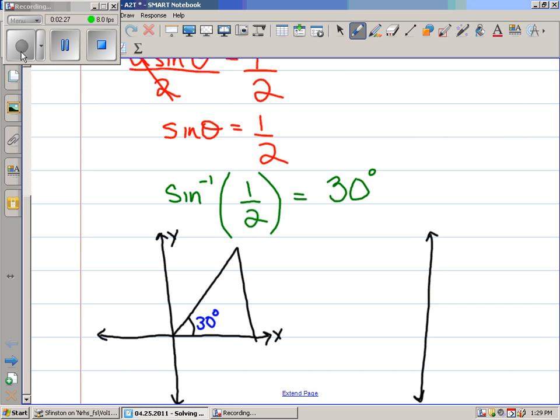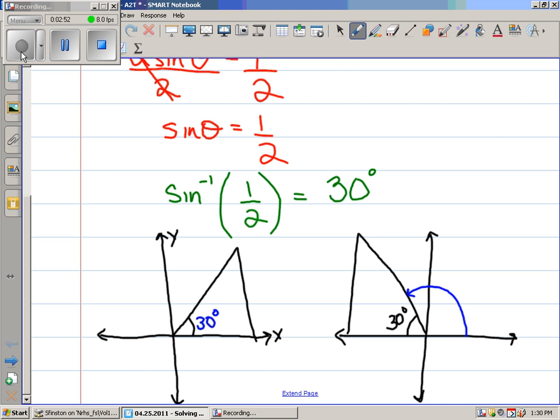Let me draw in a new one. There we go. What we have is that same triangle with 30 degrees as the reference angle, because that's what our calculator told us. It's just that what degree amount for theta would you need to get there?